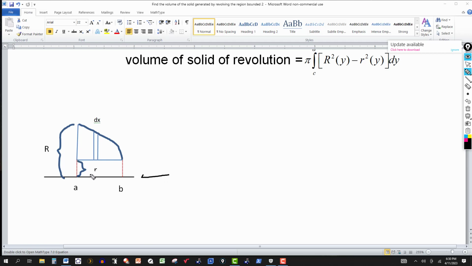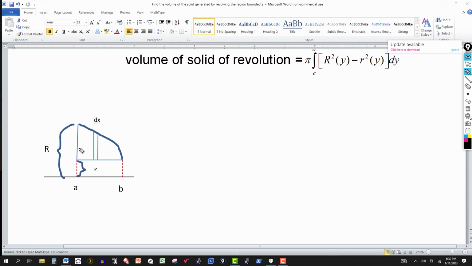So the R goes from the axis of revolution up to that point right there on the curve. And then the inner radius is this distance right here. And R, again, is from the axis to the end of the strip. And the width is the dx, of course, and that dictates the variable of integration.